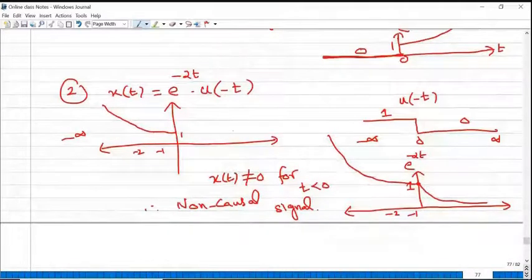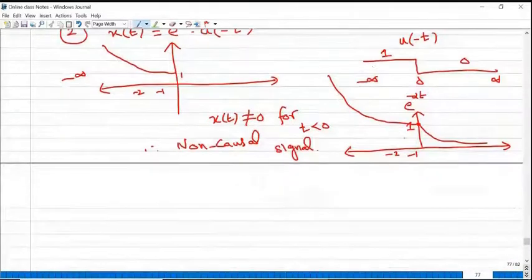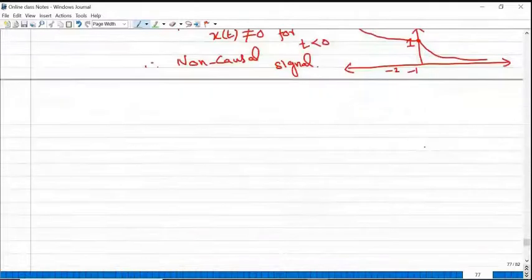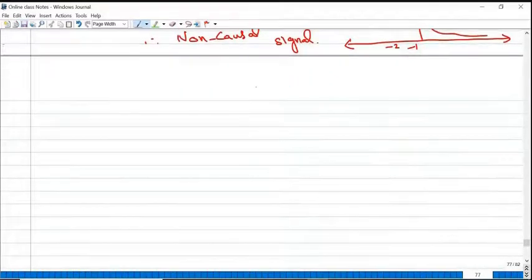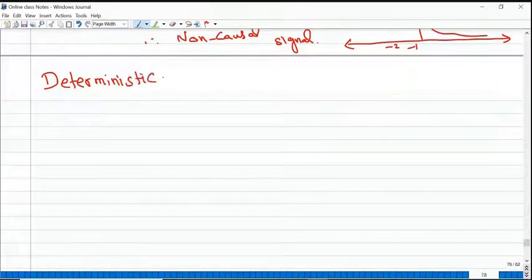So energy signal, power signal, periodic signal, aperiodic signal. From those topics only, you can expect the problems. Remaining ones are very easy only. Even signal, odd signal also. And finally, one more classification. What do you mean by deterministic signal and random signal or non-deterministic signal?